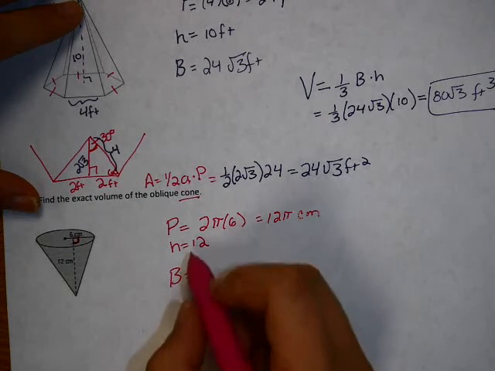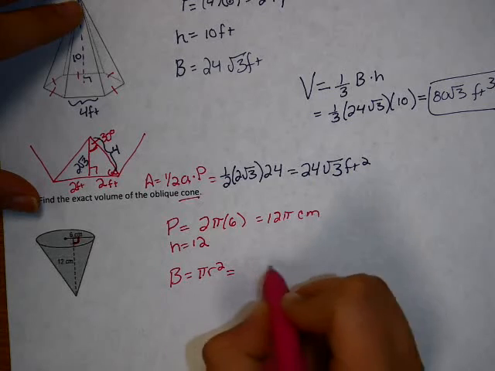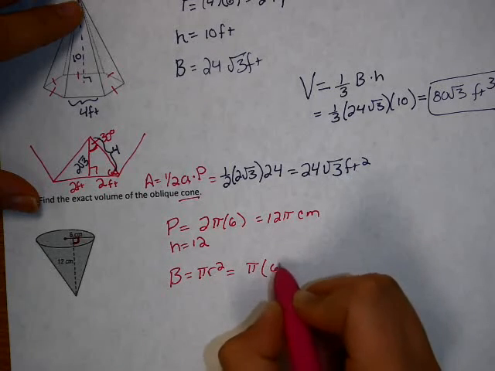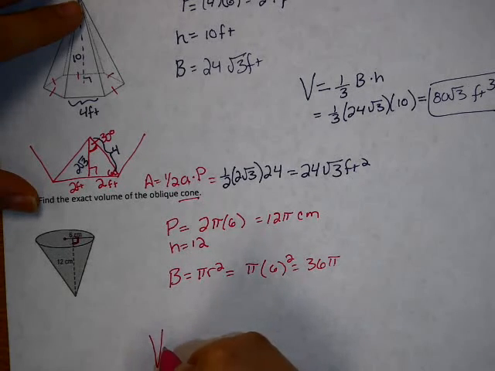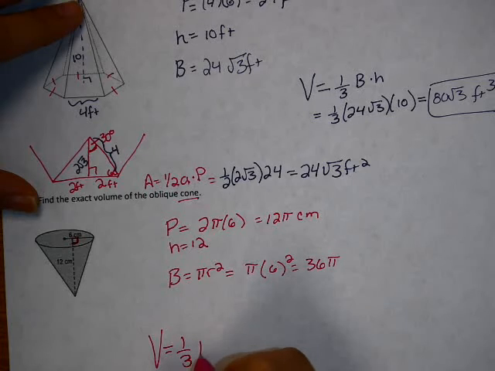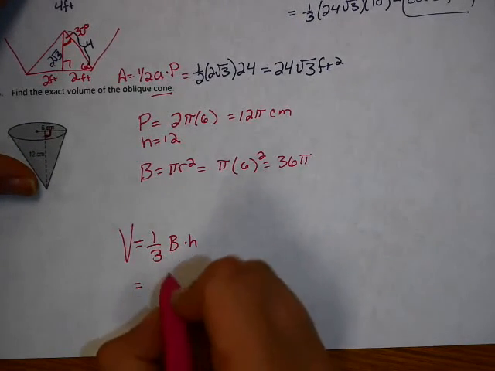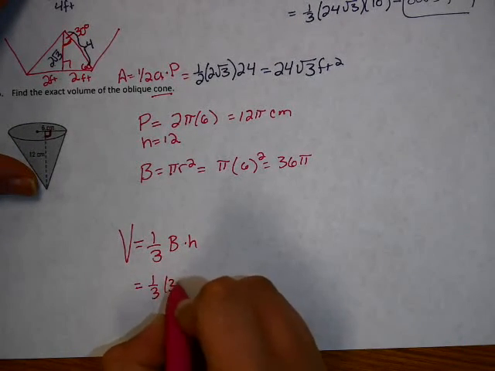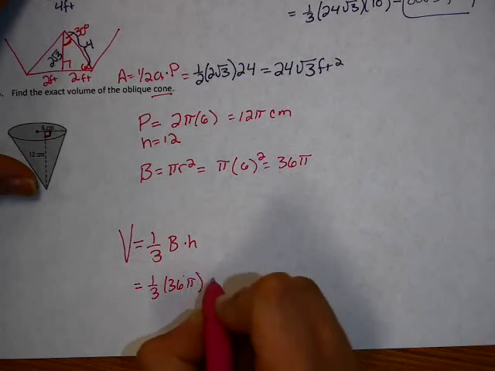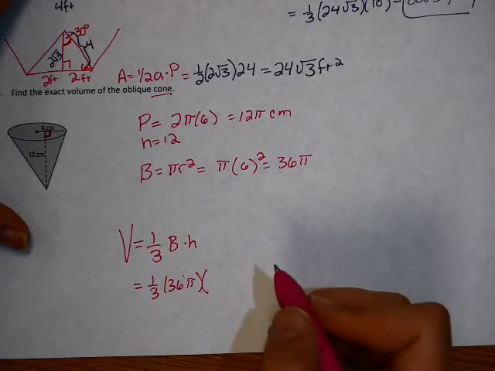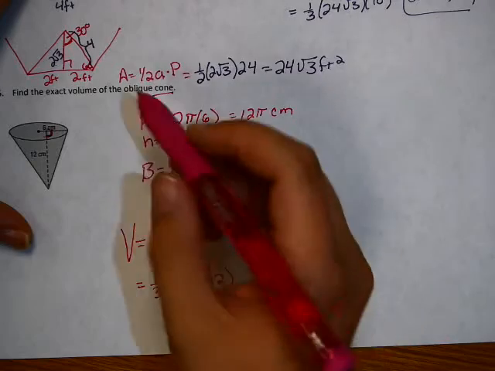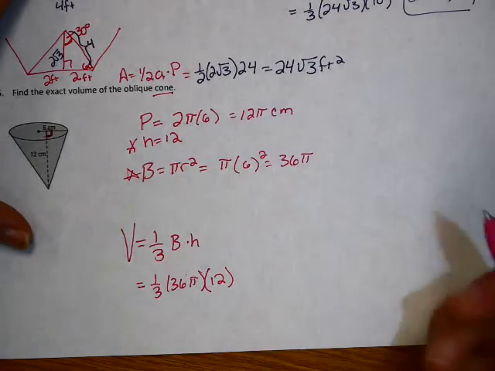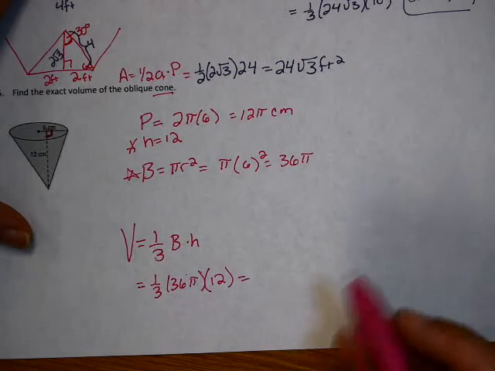centimeters. Area of the base is pi r squared. So pi times 6 squared gives me 36 pi. So the volume, which we need to know is 1/3 area of the base times height, really is 1/3 times 36 pi times the height, which really we didn't need to know the perimeter, but we did need to know what the height and the base were to find the volume.